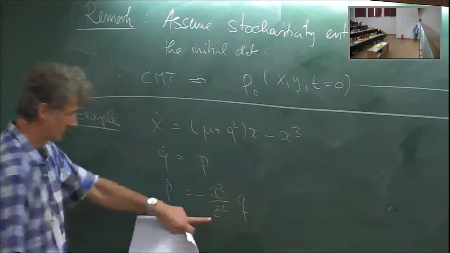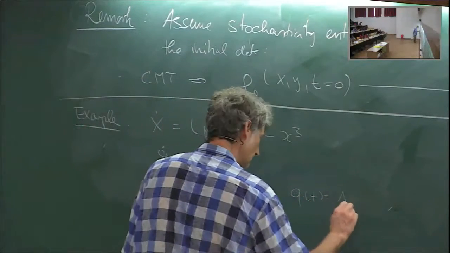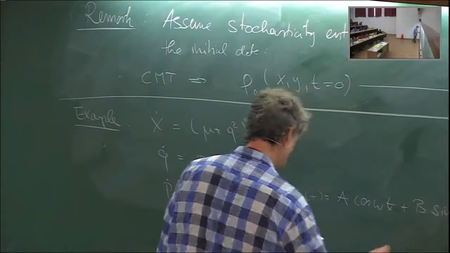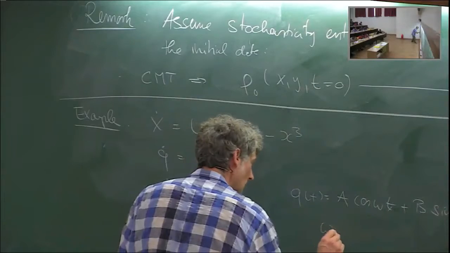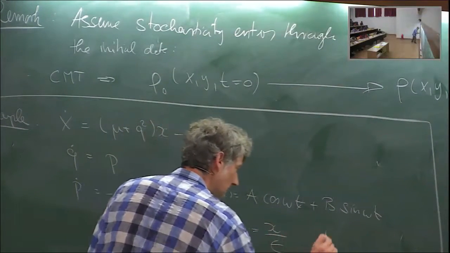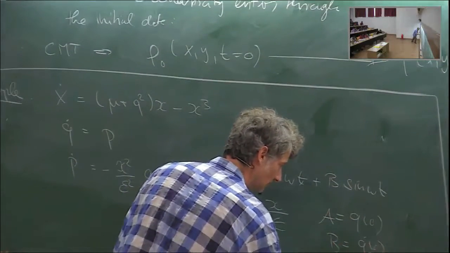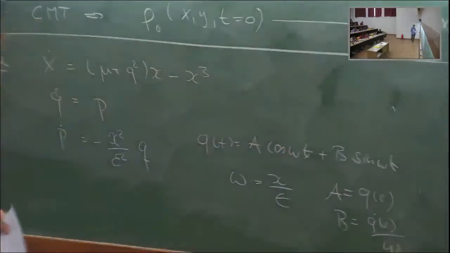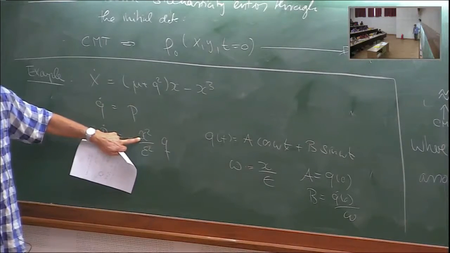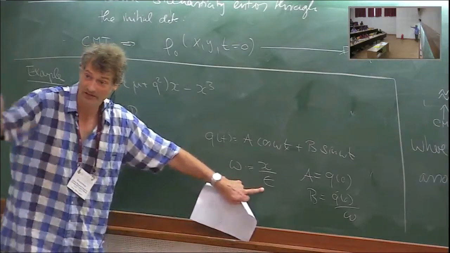You see that q of t is just a cosine omega t plus b sine omega t, and omega is x over epsilon, where a is the initial condition and b is q dot of naught over omega. So we can solve this as a linear oscillator where we treat x as a parameter. Because epsilon is small, we have very high frequency. So this is fast, right?